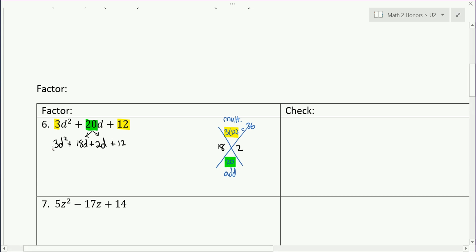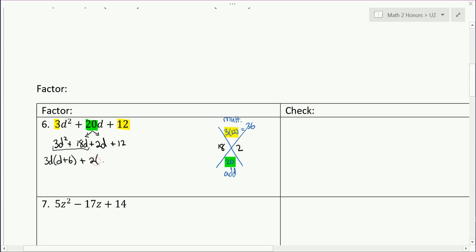So these 2 terms factor out 3D. What's left? What do you get when you factor out 3D? D plus 6. Plus, factor out a 2.